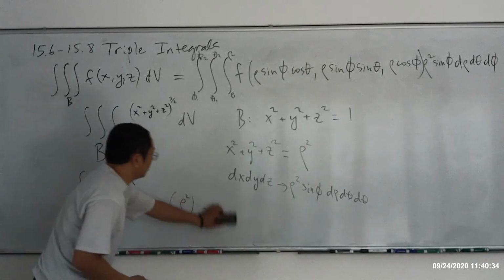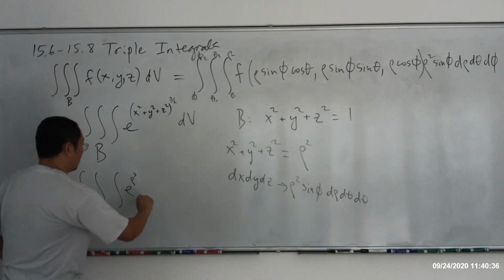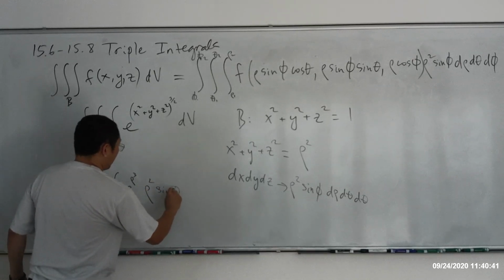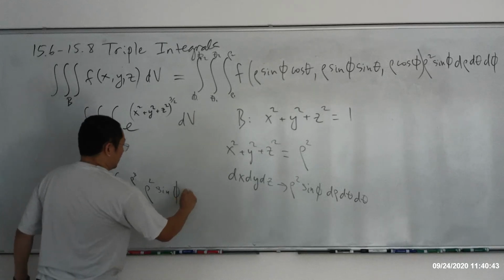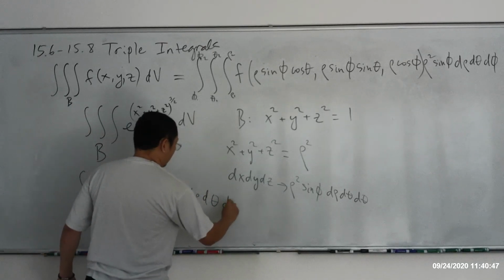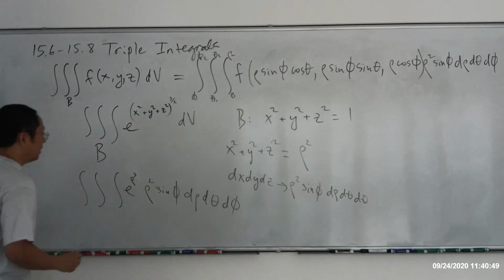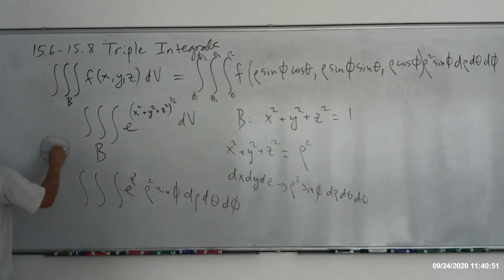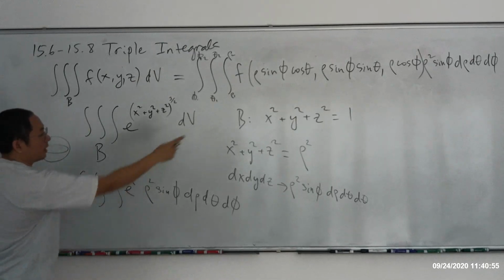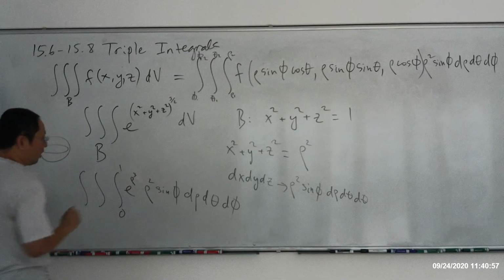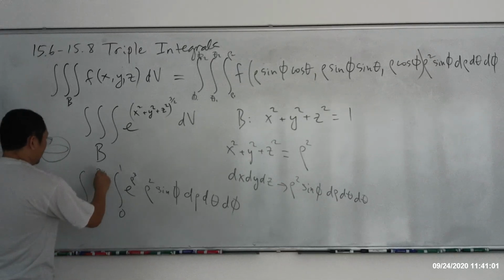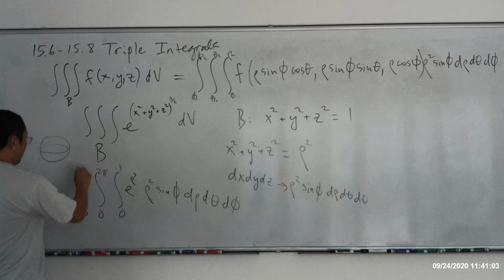That's what I have, right? Then I got rho squared sine phi, and then d rho, d theta, d phi. They're all constant, and this is a sphere already. So the radius is 1, so 0 to 1 for rho, theta is from 0 to 2 pi, and phi from 0 to pi.